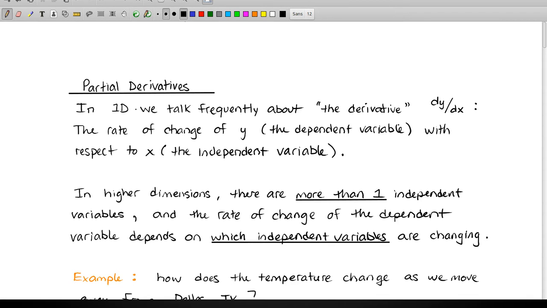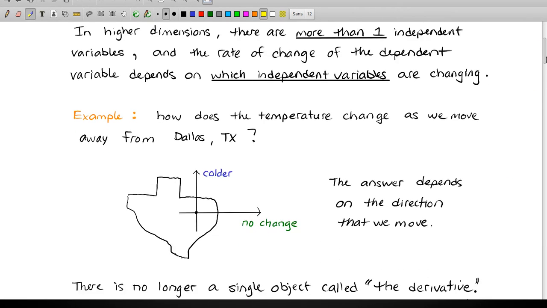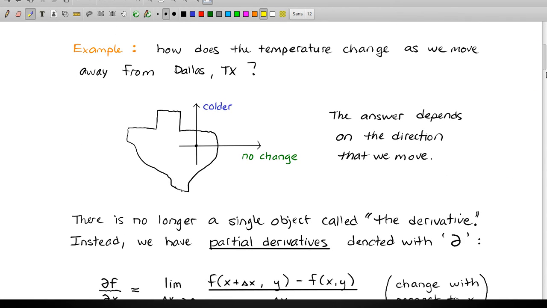So we illustrate this very simply with a map of our home state here of Texas, here at SMU. For instance, think about the function describing temperature as a function of latitude and longitude, all right? So as you go, say, east from Dallas, you in general experience very little change in the temperature.